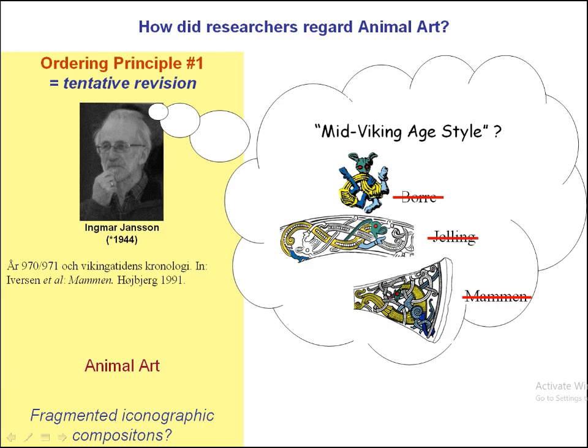But what Ingmar did was suggest that since we do not really have any indications of these three styles, that is Borre, Jelling, and Mammen style, being clearly distinguishable in terms of chronology or geography or even the social spheres where they were used, why not just throw them together into one single style that I suggest we could call just mid-Viking Age style, and that covers the period in between 850 and 1000. These are only my personal musings that coincidentally also align with my former mentor's and living mentor's.